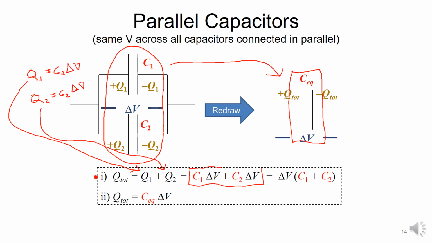I'll put it in a box. And finally, let's factor out the delta V. We get delta V and C1 plus C2 in parentheses. So this is what the total charge is in the two capacitors combined.